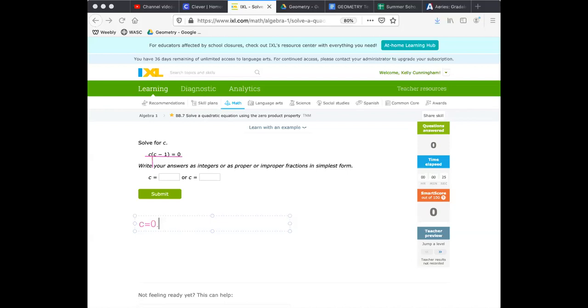And then the right-hand side, I would say C minus 1 equals 0. So obviously on the left-hand side, I have no work to do, because C equals 0, that's it. The right-hand side, I simply need to add the 1, so C equals 1. Two answers will be 0 and positive 1.